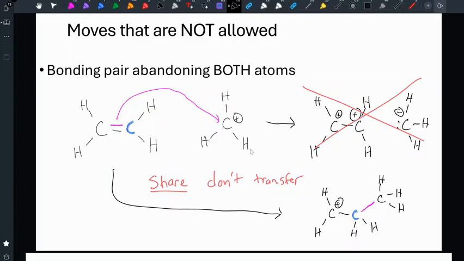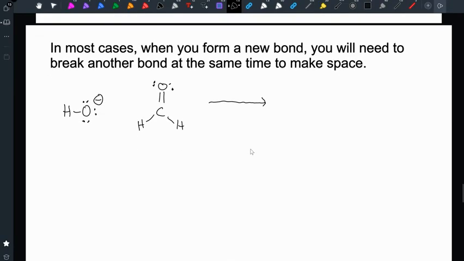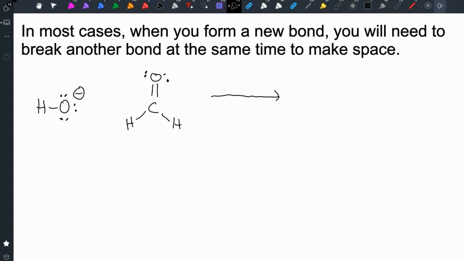All right, one last note, and I already alluded to this, but in most cases, when you form a new bond, you need to break another bond at the same time to make space. So let's imagine these two molecules approaching each other. This OH minus oxygen has a negative charge, so it's got some extra electrons. We can imagine it saying, like, hey, carbon, let me share.